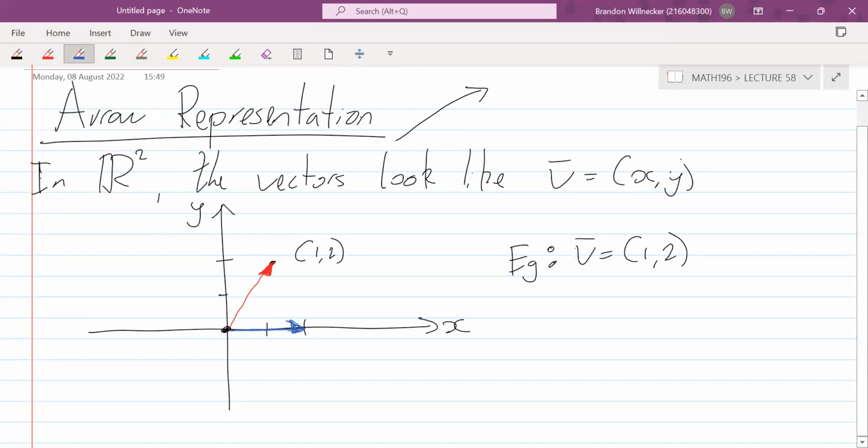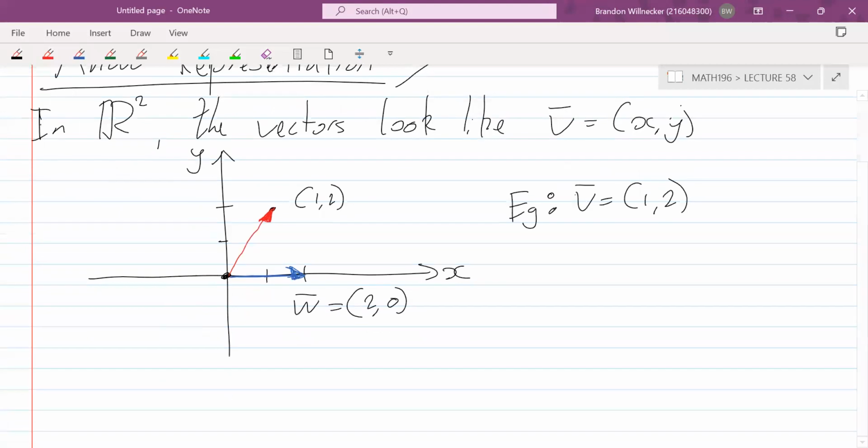Okay, so this blue vector, this is going to be, let's say, w, and that's going to be 2, 0. Okay, because it's 2 along the x direction and 0 along the y direction. So that's 2, 0. Okay, and then you can sketch other vectors as well. Okay, so that is the arrow representation of vectors.